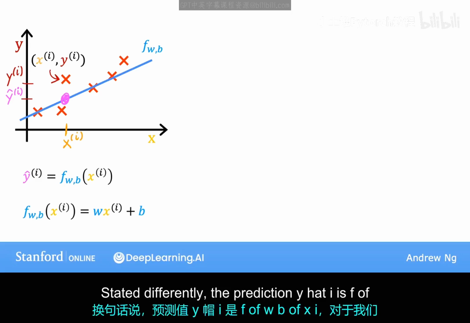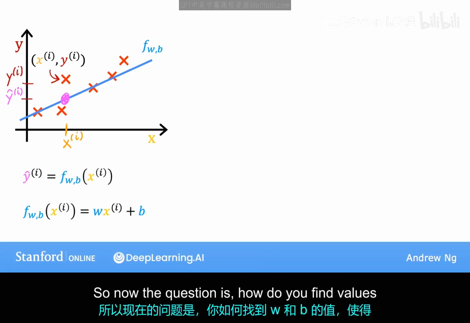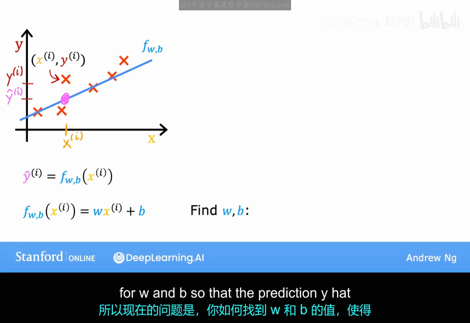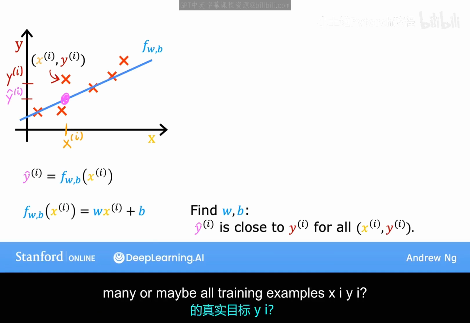Stated differently, the prediction y hat^i is f_w,b of x^i, where for the model we're using, f of x^i is equal to w x^i plus b. So now the question is, how do you find values for w and b so that the prediction y hat^i is close to the true target y^i for many or maybe all training examples x^i, y^i.